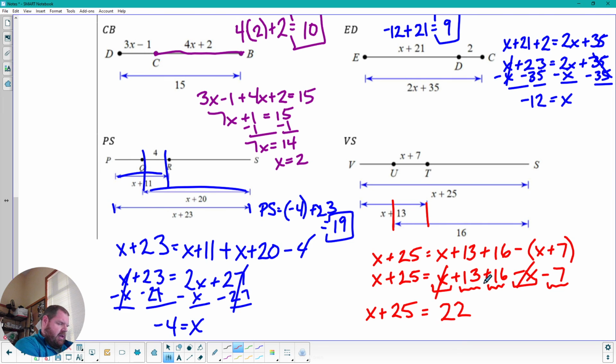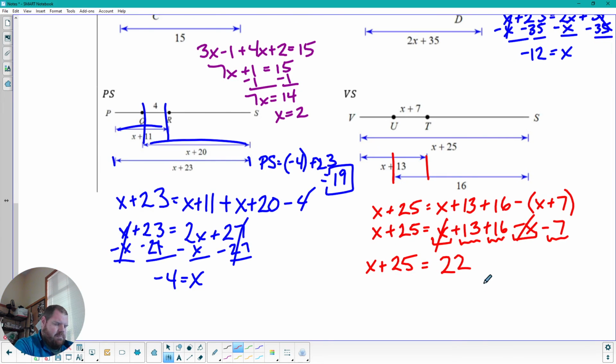Now, if you're really clever, you'll notice that we're kind of done right now, but let's say we don't. I'll subtract 25. Here's my bet. I bet we get 22 as our final answer, but I want you to tell me why. 22 minus 25 is negative 3.